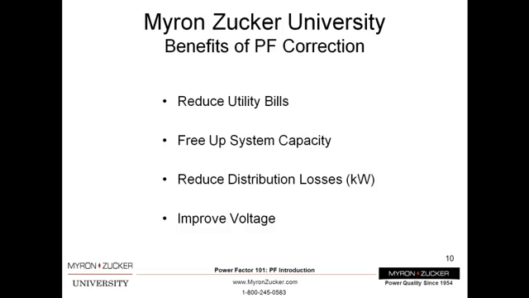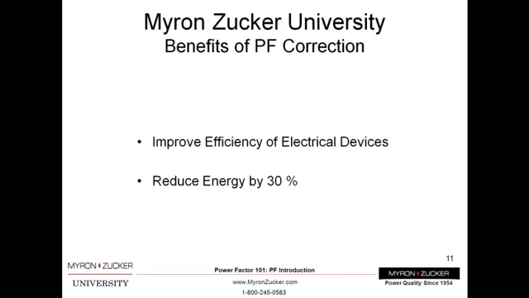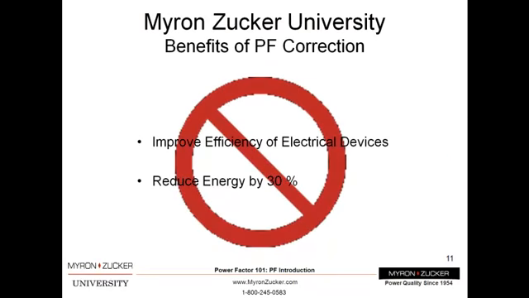And 4. Improve voltage. One must note that statements such as improve the efficiency of electrical devices and reduce electrical consumption by 20 to 30% are not benefits of power factor correction, as claimed by some in the business of selling power factor correction capacitors. Let's take a closer look at these benefits.